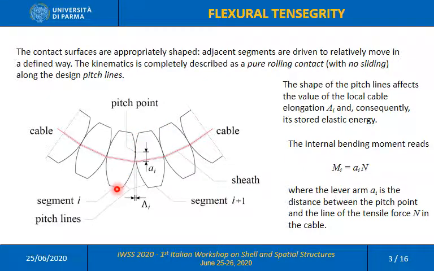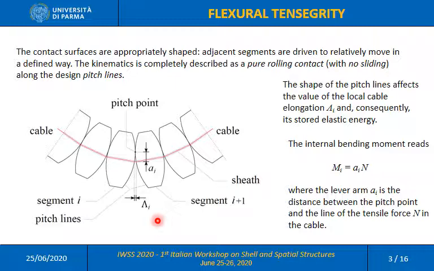As can be seen in this picture, the effect of a relative rotation of adjacent segments is that of elongating the cable of a quantity lambda_i at each cross section. This, of course, affects the elastic energy stored in the cable.